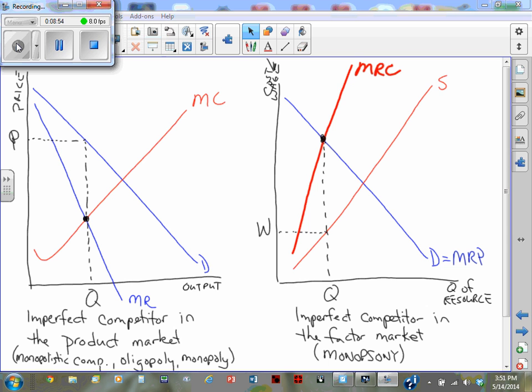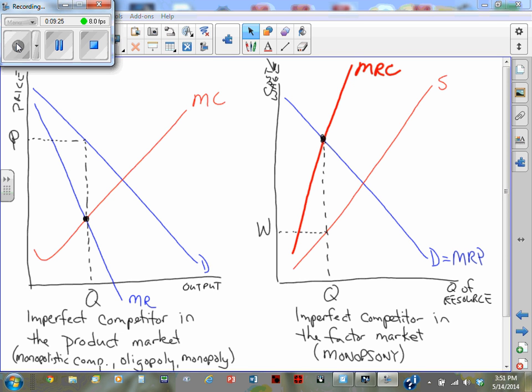Now, if we look at our product market and our factor market graphs side by side, you'll notice some similarities. The similarities occur in the fact that both of them have something that has to have another curve inside, because as we either produce more in the product market or buy more in the factor market, we end up paying at an increasing rate or selling at an increasing rate.